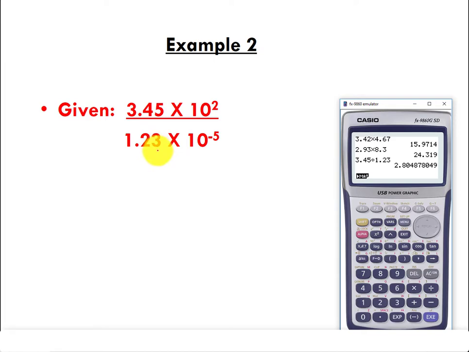Alright, 2.8048788049. You know what? Just to be consistent, instead of using the division symbol, let's just use 3.45 over 1.23. We should be able to get the same result. Alright, 2.805. I'll just round it off here.